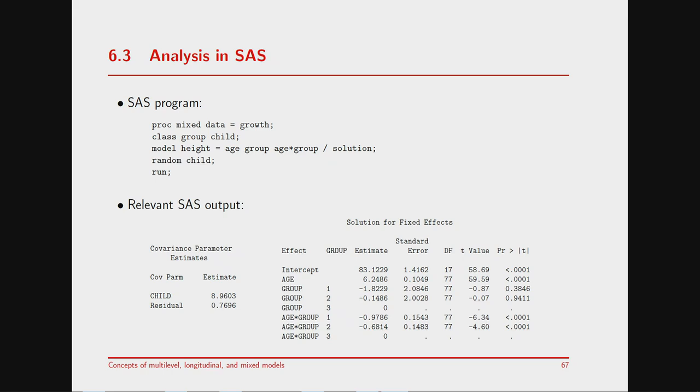So SAS would set the last one equal to 0, but that means that what you're estimating here has probably a different interpretation than what you would originally think. So the intercept would basically be the average in the third group. And the average in the first group would be 5 minus 1, so 4. And the average in the second group would be 5 plus 2, and that would be 7.